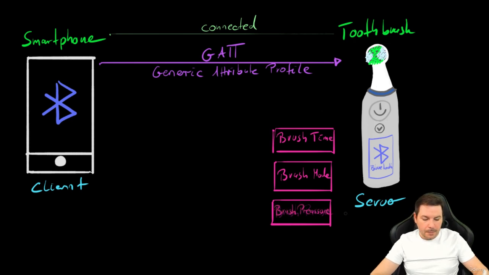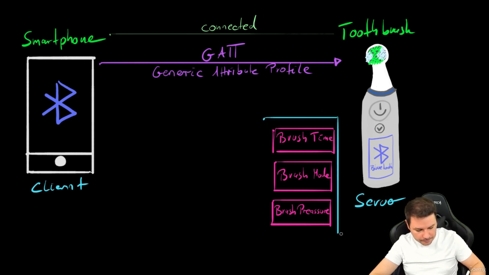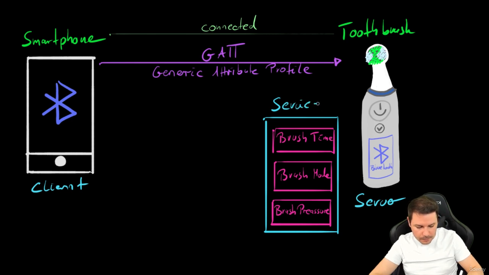Okay. All of them have something to do with brushing. So they can be now categorized, or let's say summarized, within a service. So a service can have many characteristics, and a characteristic is just a set of data. For example, brush time. So these are now those characteristics.